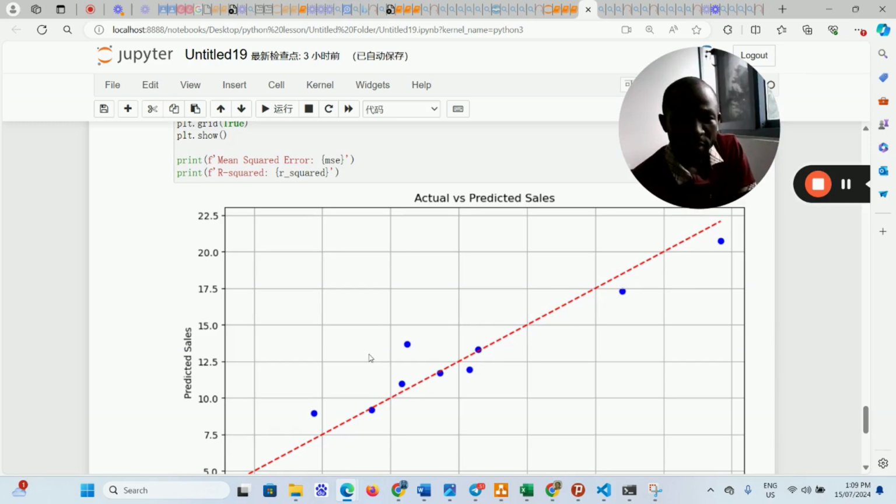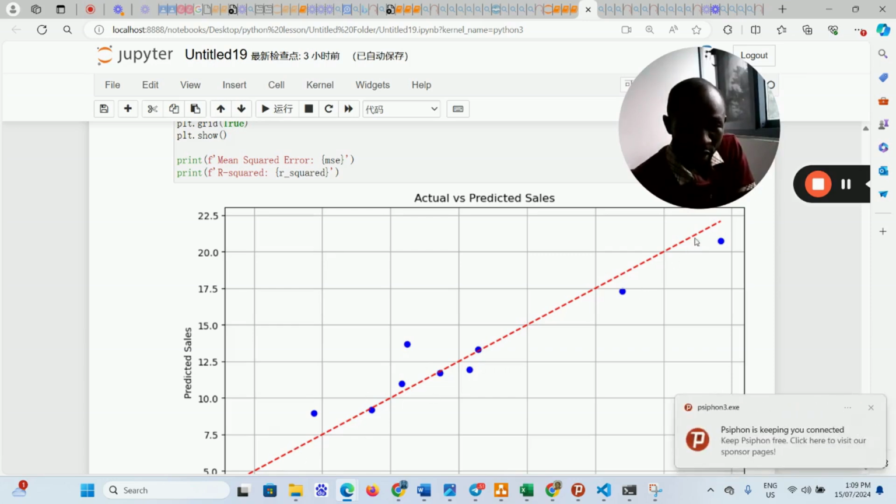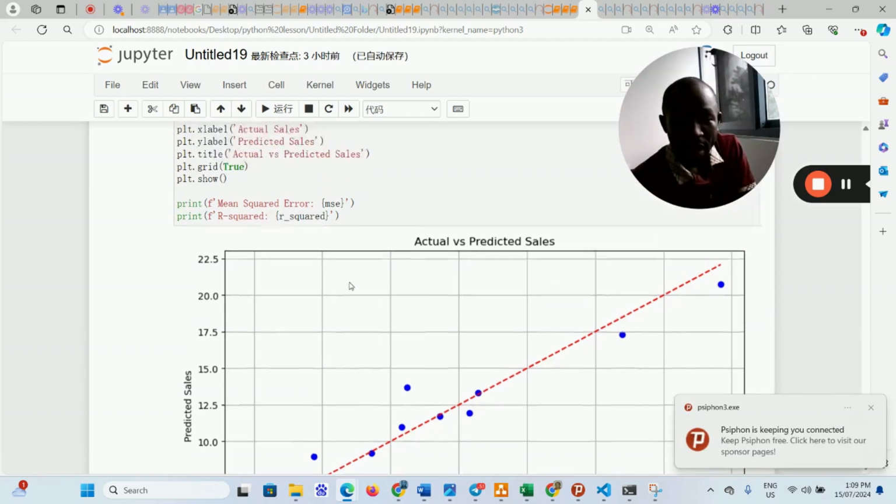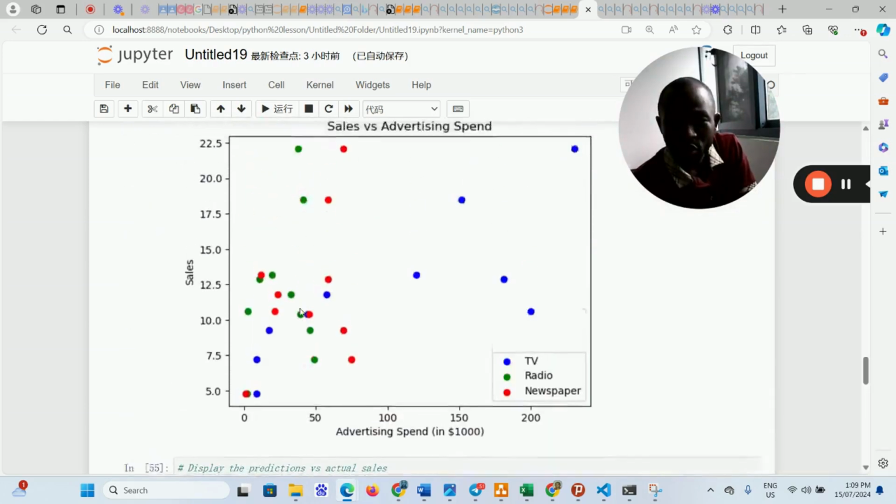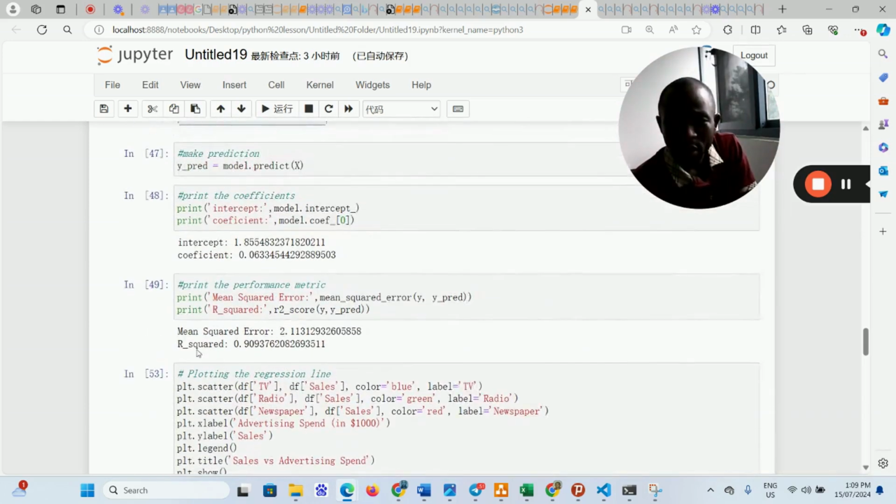Are we together? But if it was far away from this line, and if all of these happened to lie on top of this line, from the starting right up to the end, it would be showing that our R square value at that point will be 1.